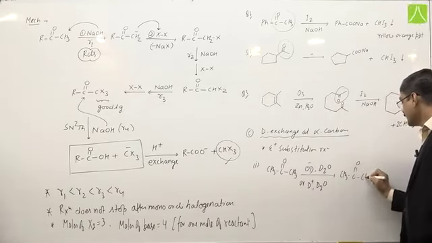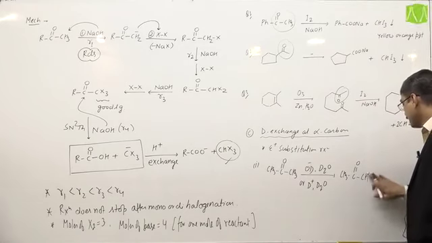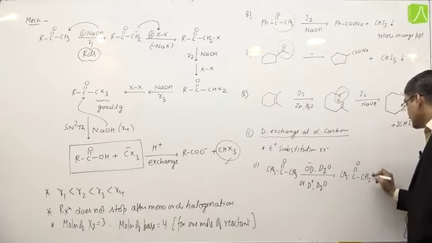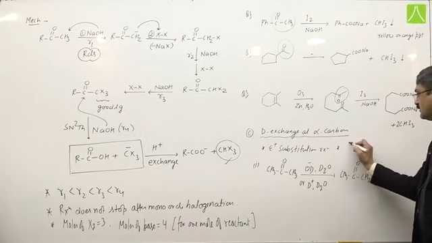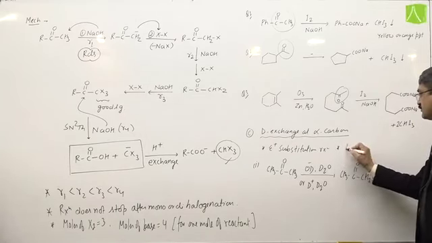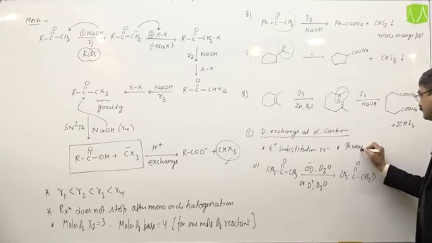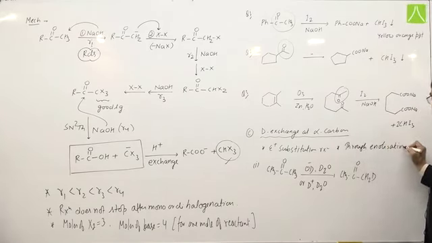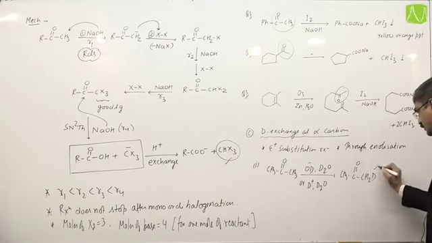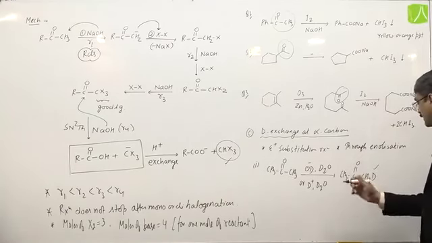First, suppose one hydrogen is replaced by D. This is the first product, through enolization. The process is through enolization. So one deuterium is replaced.